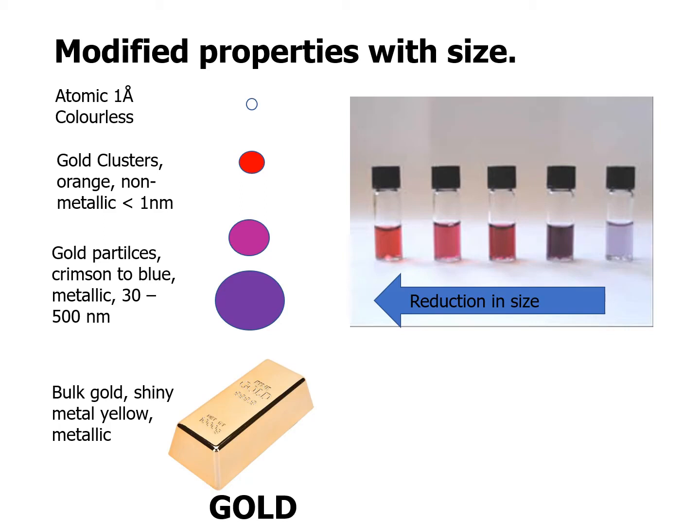If we drop down to that of 1 nanometer, we can see that we have an orange color. We also change from being metallic to non-metallic. So we're changing not only optical properties, but we're also changing the electrical properties as we are changing size within the nanoscale.